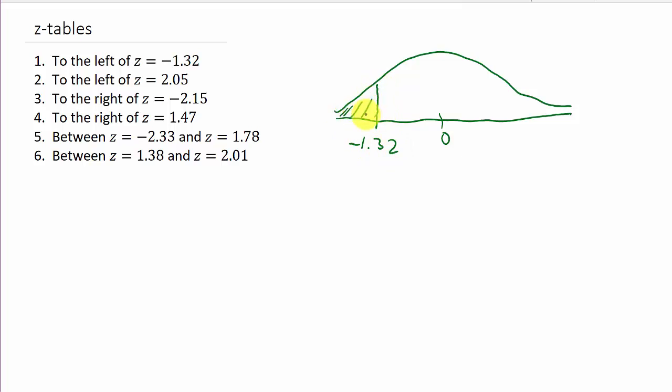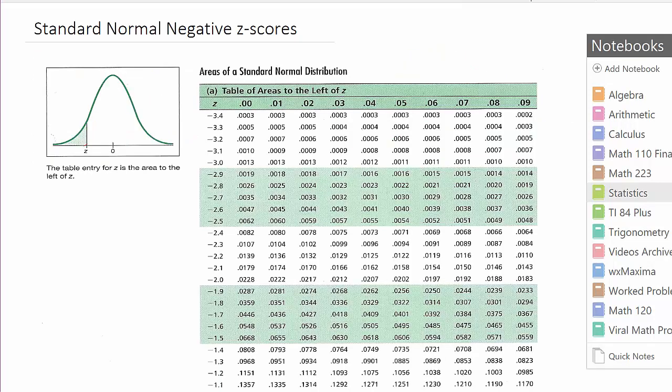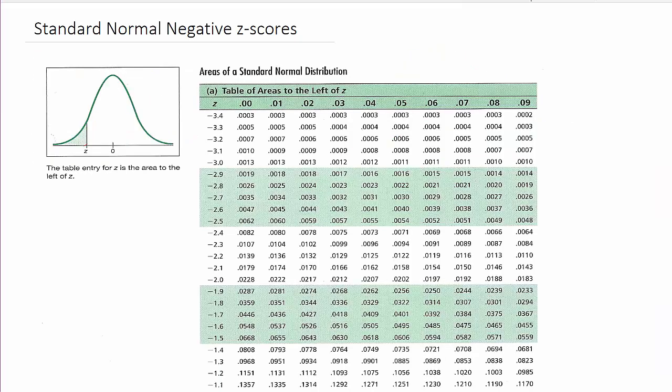So we're looking for this area here. We'll go to the z-table and look up negative 1.32, and that'll give us the area to the left. So let's come over here and look at this. We have our z values here, and we're looking for z equal to negative 1.32.